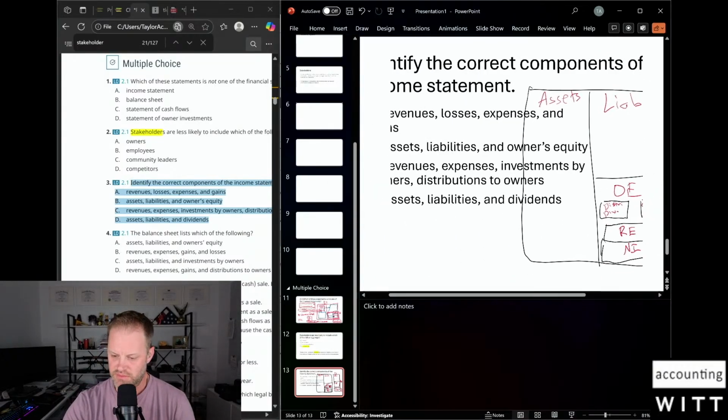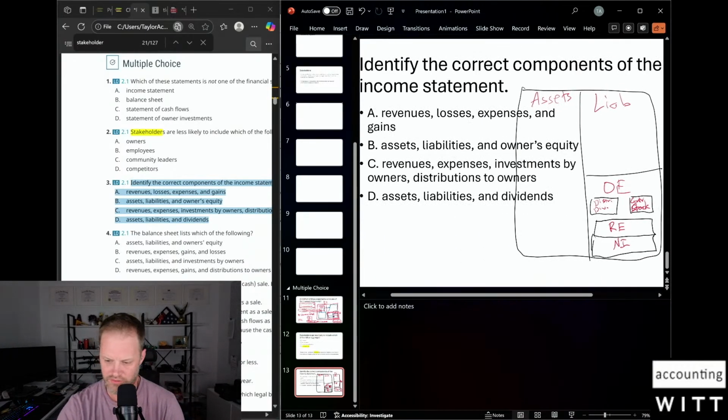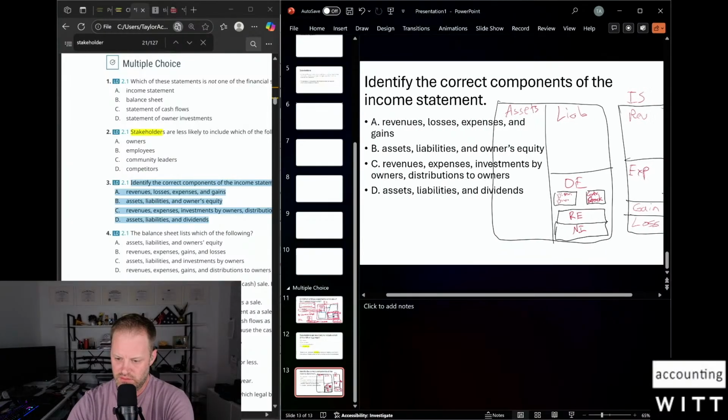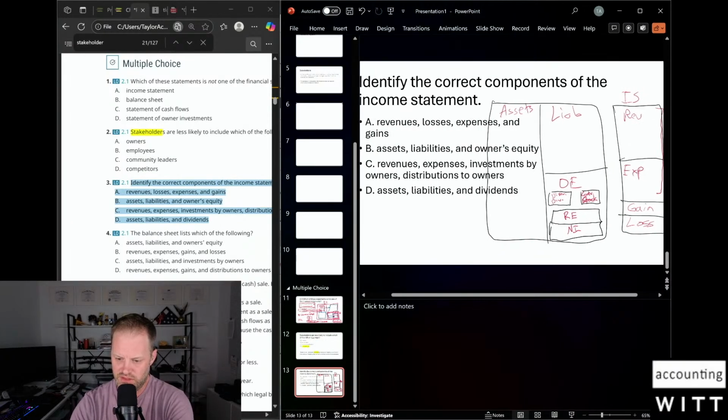So what was the term they used? Investment by owners is contributions or stock. Distributions. So revenues, expenses, I mean, that answer's all over the place. Revenues over here, expenses, investments by owners.